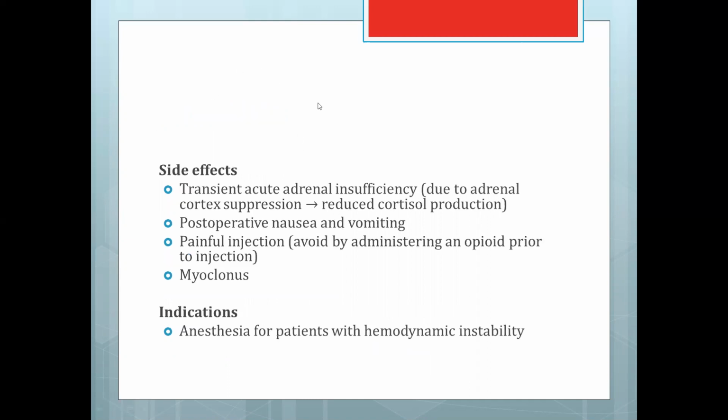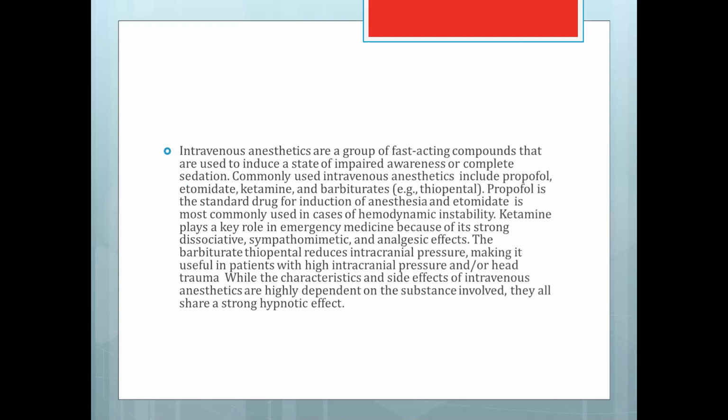Side effects include transient acute adrenal insufficiency due to adrenal cortex suppression, which leads to reduced cortisol production, postoperative nausea and vomiting, painful injection, which is avoided by administering an opioid prior to injection, and myoclonus. Indications are anesthesia for patients with hemodynamic instability.